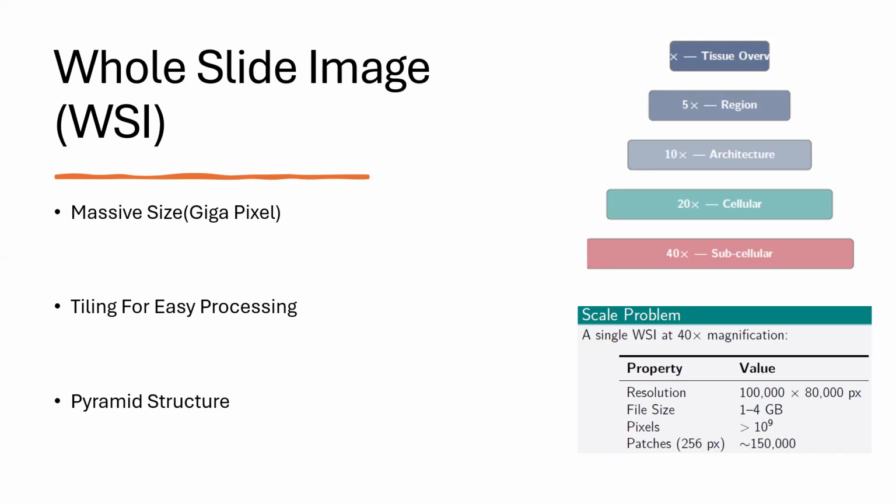The WSI should be a massive gigapixel image, with tiling and a pyramidal structure. From the side perspective, you can see the tissue overview at a fold level, at 5x zoom you can see regions, at 10x the architecture, at 20x cellular detail, and 40x is subcellular.